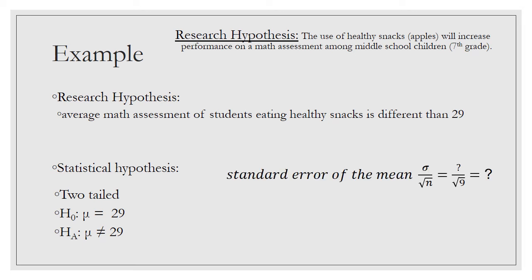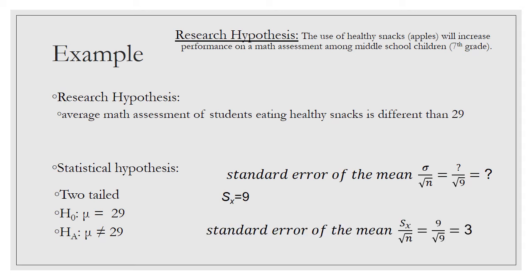Let's just follow the same example that we did earlier. Before, when we calculated the standard error of the mean, we knew the standard deviation of the population. It was 6. Now we don't know that value, so we have to estimate it. We still have 9 students in our small sample. So instead of using the standard deviation of the population, we're going to use the estimate, which is the standard deviation of the sample.